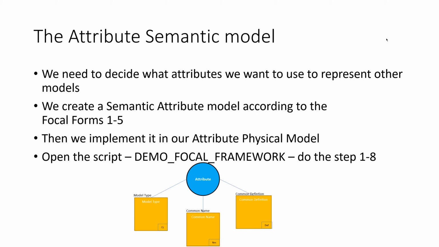Well, what kind of model type does this attribute belong to? So this is our little attribute model, right? So now we're going to take this semantic logical model and implement it into our physical attribute model. So let's go.